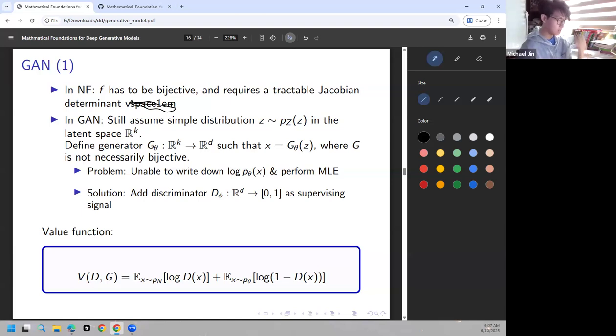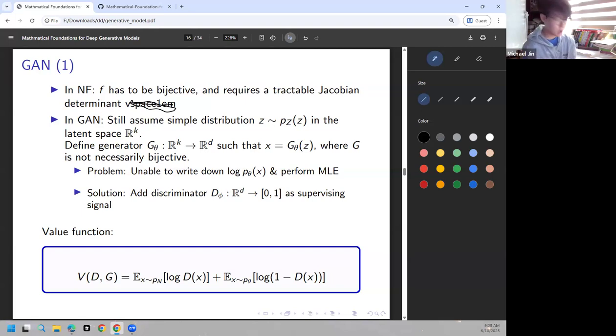So we can still define the generator G of theta. We call it G of theta, but we can think of it as another f of theta as in normalizing flow, because we want to move every point z on the prior distribution to the real data x. So we go through the function G of theta of z to get x, and G is not necessarily bijective.